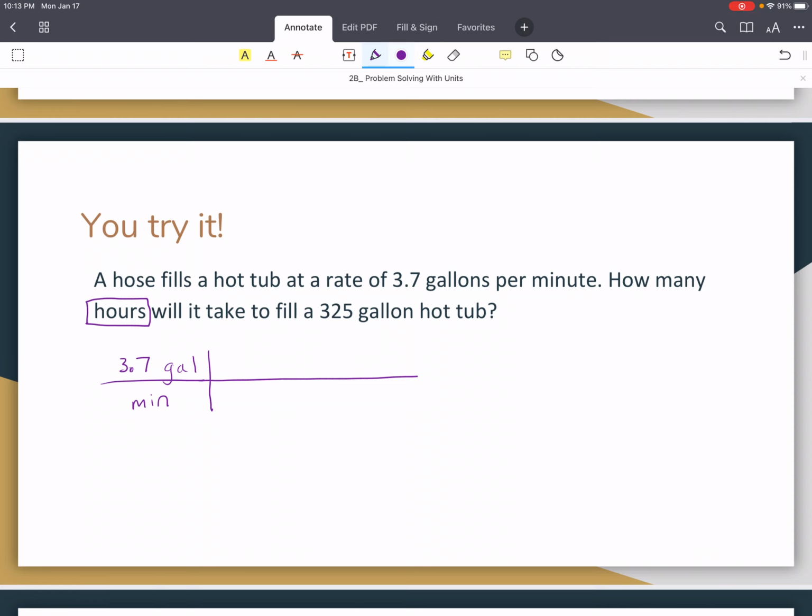Okay, so minute, 60 minutes in 1 hour. 3.7 times 60. This is 222 gallons per hour.